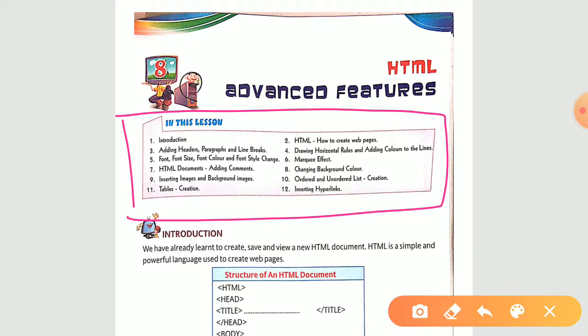Fourth one is drawing horizontal rule and adding colors to the line. Okay, horizontal rules means you are having a horizontal line. How we are going to do this horizontal ruling, we are going to learn. Then font, about font size, font color, font style, marquee, about comments, and all those things, particularly 12 topics we are having in this chapter.